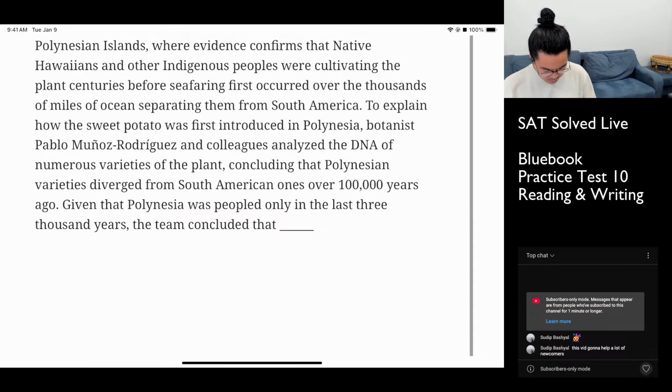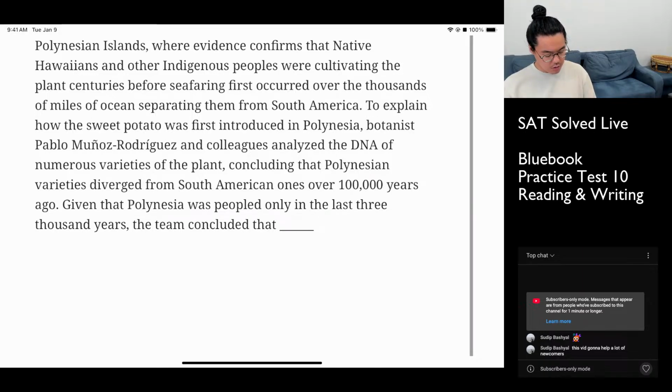We analyzed the DNA, and we're finding that they diverged 100,000 years ago, which is way before people. Polynesian varieties and South American varieties already diverged a long time ago, way before boats.